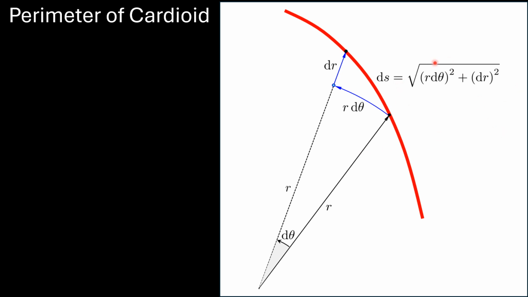So using this formula, we can now integrate from 0 to pi, but since the cardioid is symmetrical, we can just take twice the length. And so we have twice the integral from 0 to pi of the square root of the radius of the cardioid, which is rho, and d theta, the angle, and d rho.